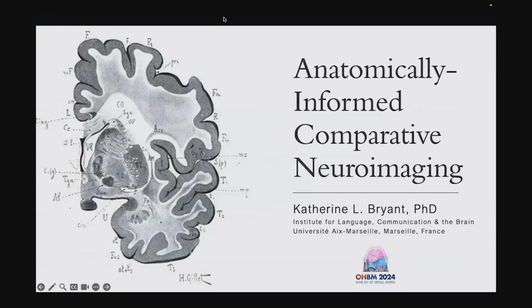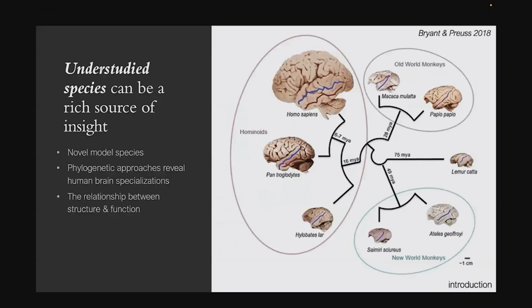Hi, everybody. I wanted to talk to you today about anatomically informed comparative neuroimaging. Understudied species can be a rich source of insight. We have new model species that are being tested out and deployed in different clinical applications that are not as well studied, but also looking at species that just typically aren't studied by neuroimagers can give us access to new kinds of phylogenetic analyses to provide information about human brain specializations, human brain evolution, and brain evolution in general.